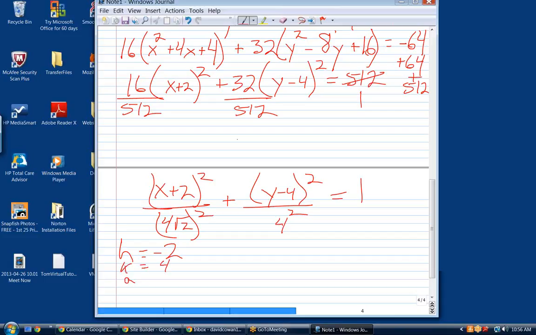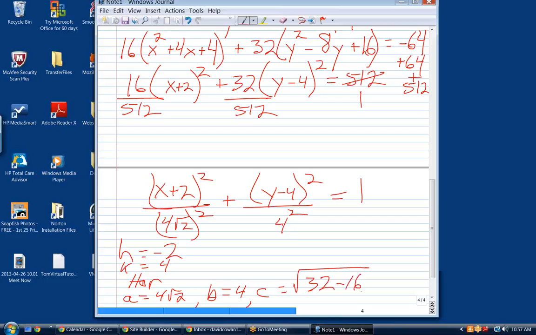Is it vertical or horizontal? This is horizontal. So A equals 4 root 2 and B equals 4. And C, A squared is 32 and B squared is 16. C is equal to the square root of A squared, which is 32, minus B squared.